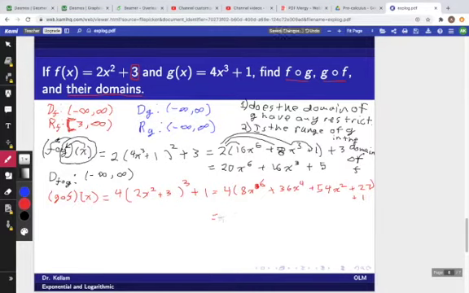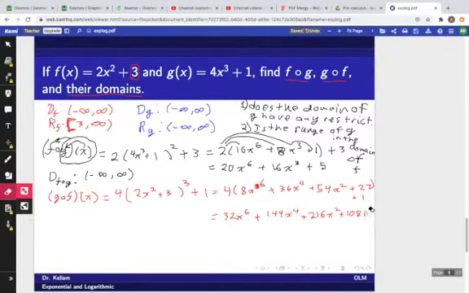So if we distribute, we get 4 times 8, which is 32, x to the 6th, plus 4 times 36, which is 144, x to the fourth, plus 54 times 4, which is 216, x squared, plus 27 times 4, which is 108. 108 plus 1, but just like last time, we'll just write 109.